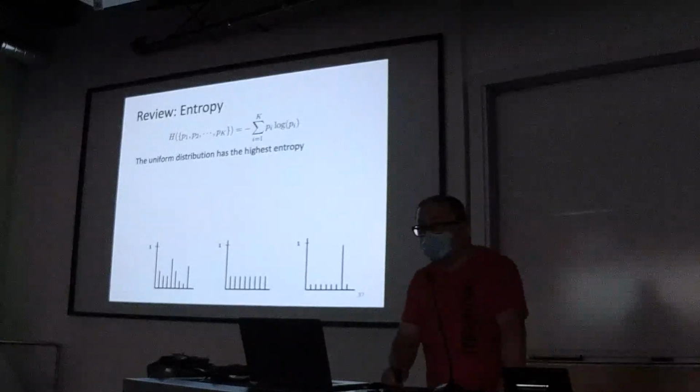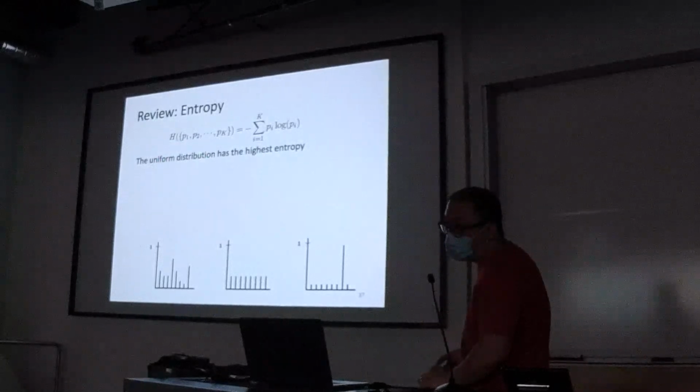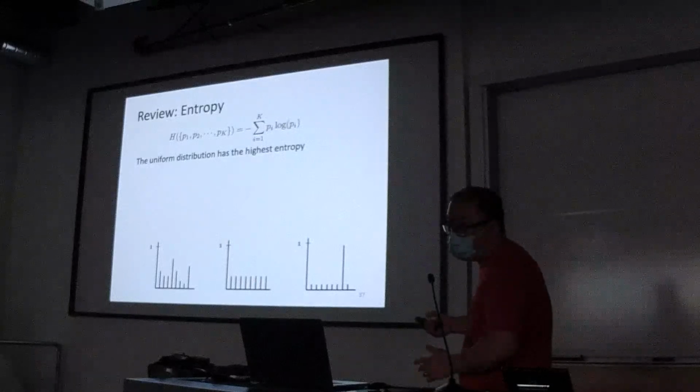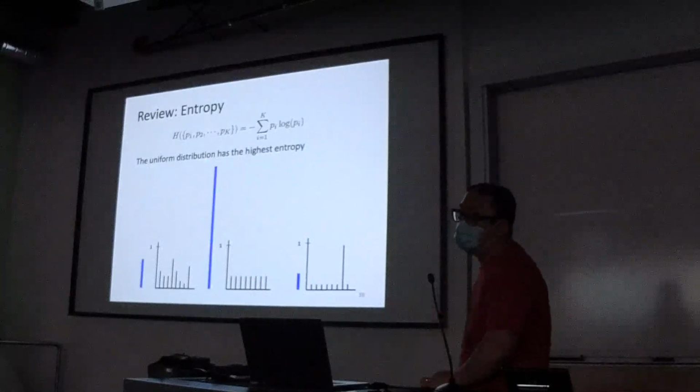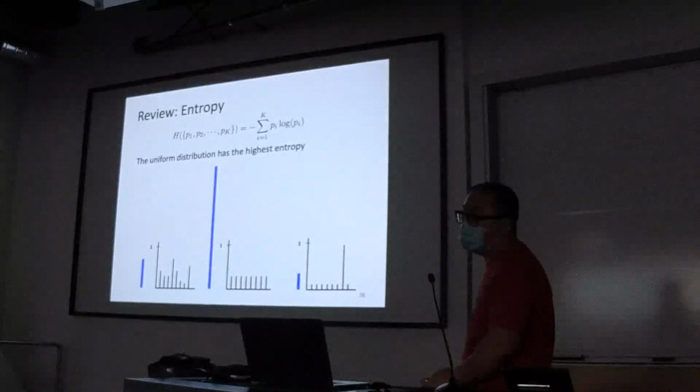Similar observations apply to multiple labels. Here's how we compute the entropy for multiple labels. If the distribution of those labels is uniform, meaning each label shows up with equal chance, you get the largest entropy. On the other hand, if one label's probability dominates all the others, you have a much smaller entropy, which indicates a much better purity.